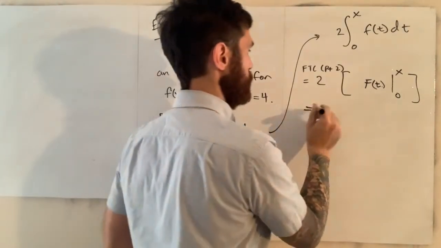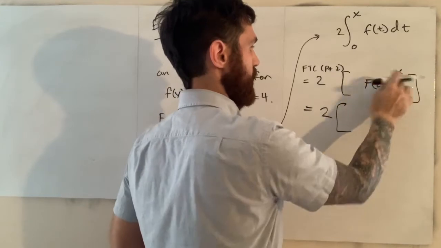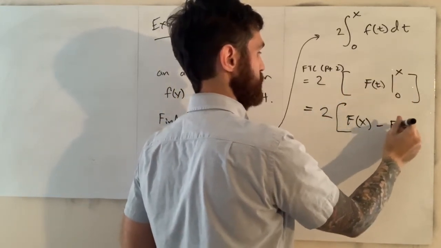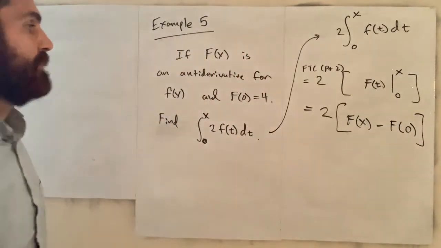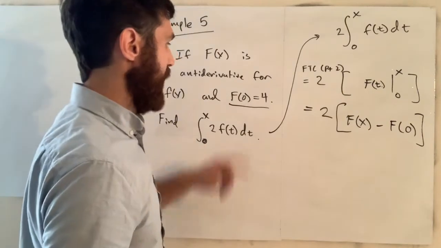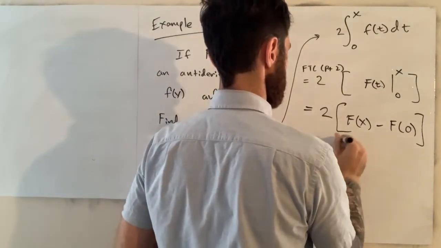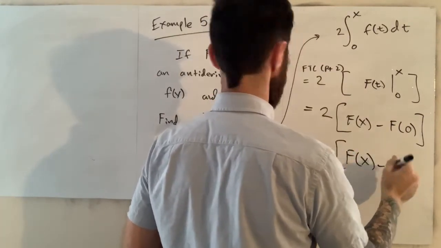Okay? So now this is 2 times, I plug in x, and I subtract what I get when I plug in 0. Well, I'm given some information. I'm given F of 0 is equal to 4, and so this is 2 times F of x minus 4.